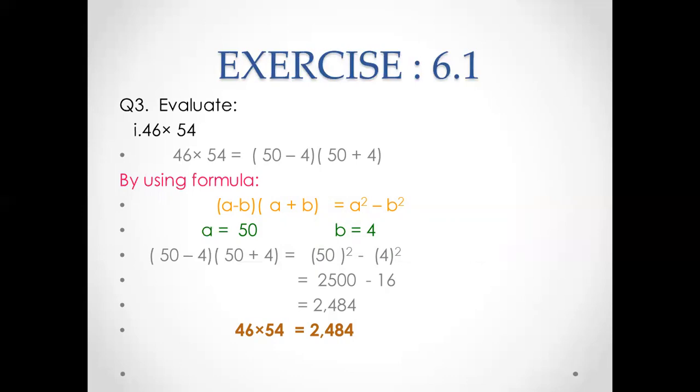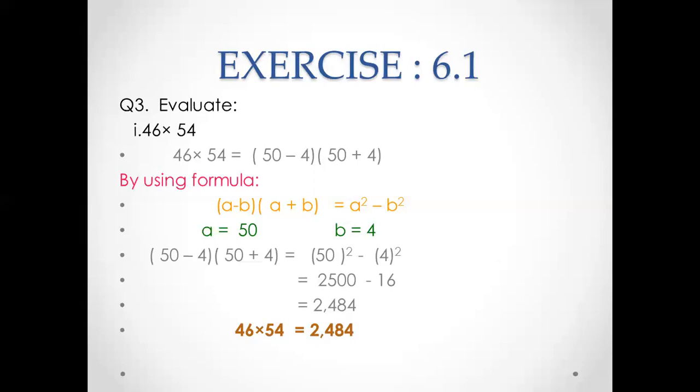With both numbers, you subtract and you see you will get the smaller one: 50 minus 4 is 46. It means both numbers are the same, only the sign differs. 50 minus 4 gives the smaller number, and 50 plus 4 gives the larger number.